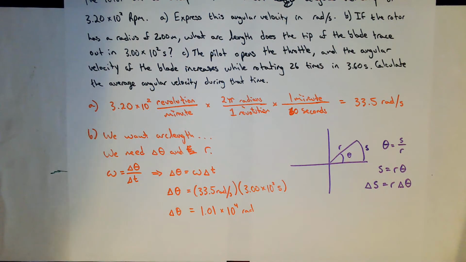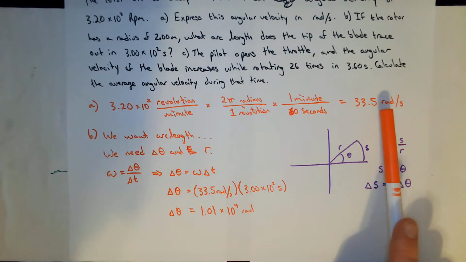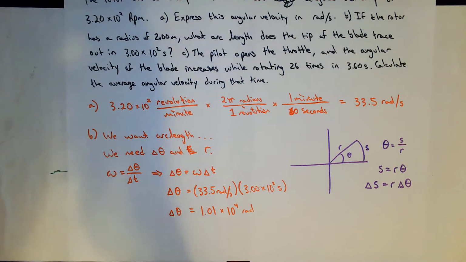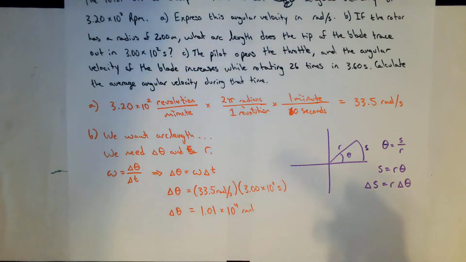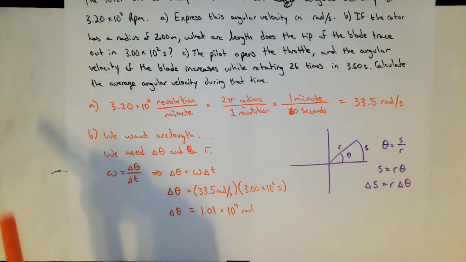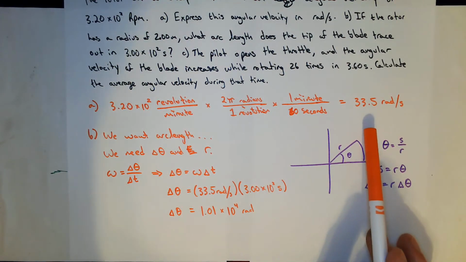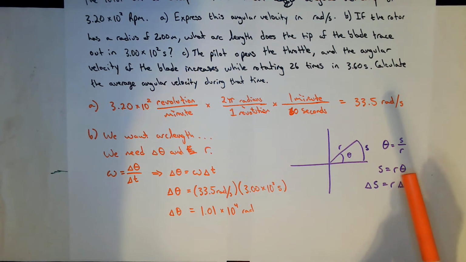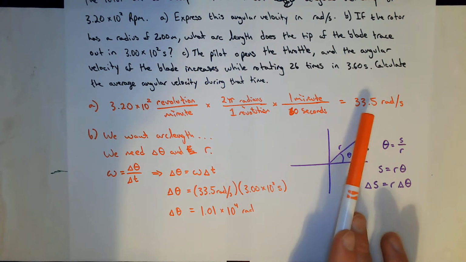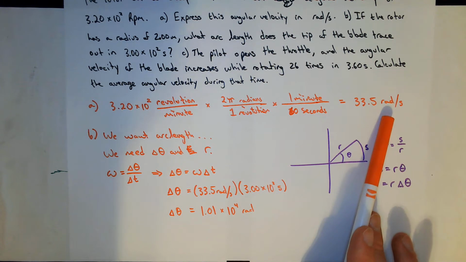So this is a lot, right? This is spinning really fast, 33.5 radians per second. I mean, recall that 1 radian is roughly 60 degrees or so. Think about 2 pi being a full revolution. 2 pi is only like 6.28, and this thing is doing 33 radians.